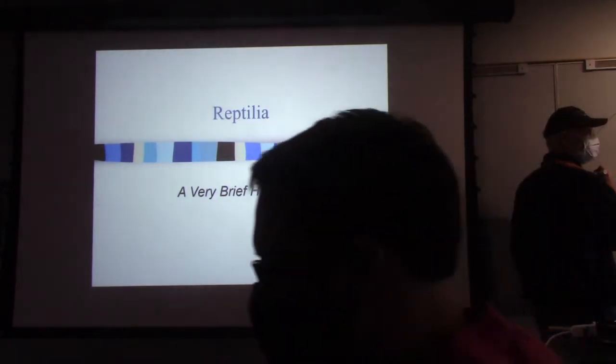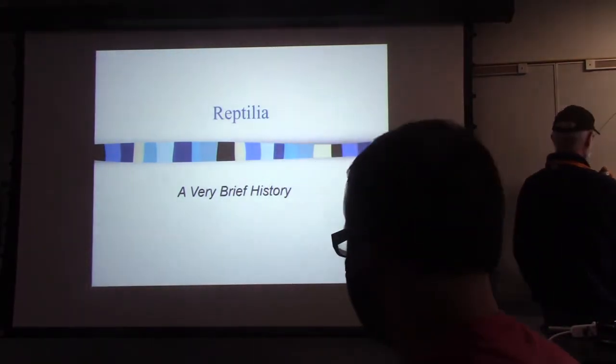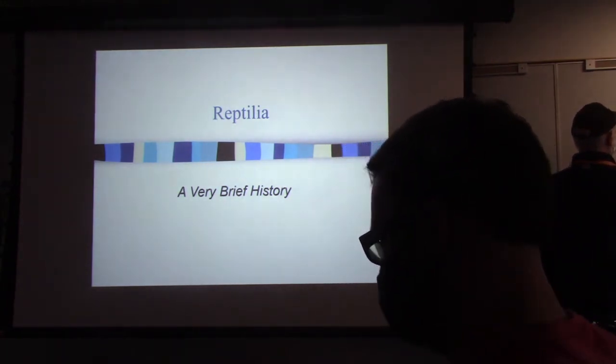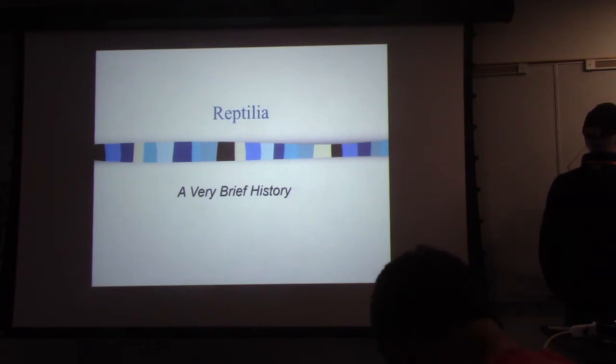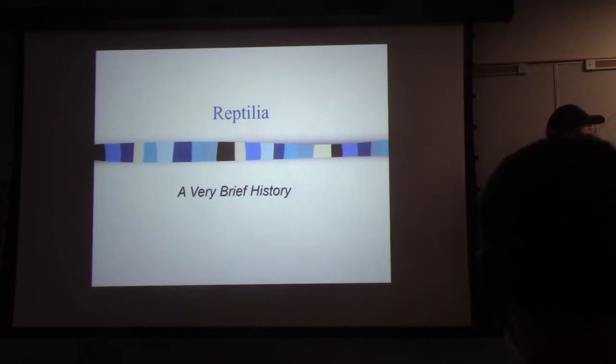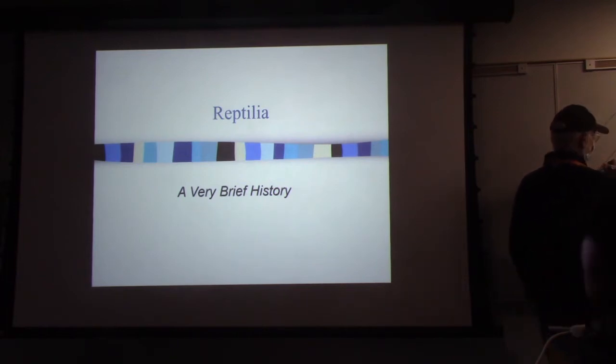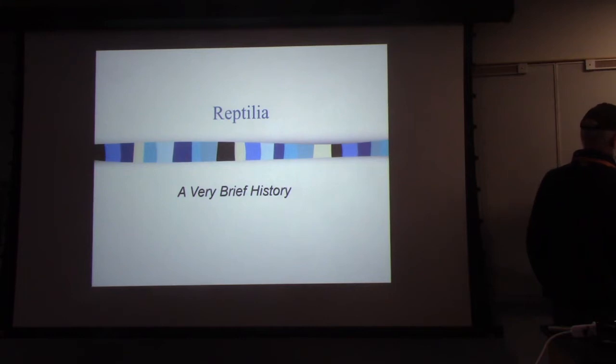And then very early from the amphibian radiation, we have the reptiles. Then coming off very late from the reptiles are the birds. And very early from the reptiles are the mammals.